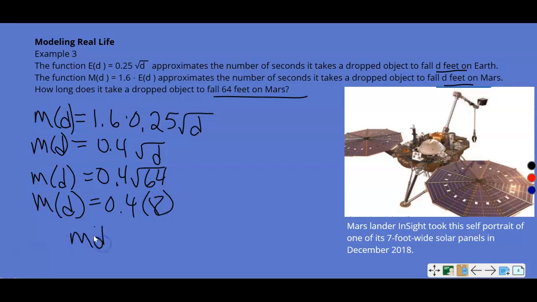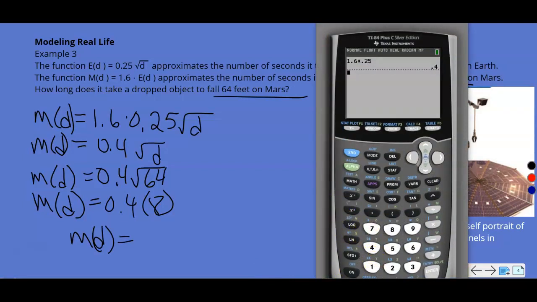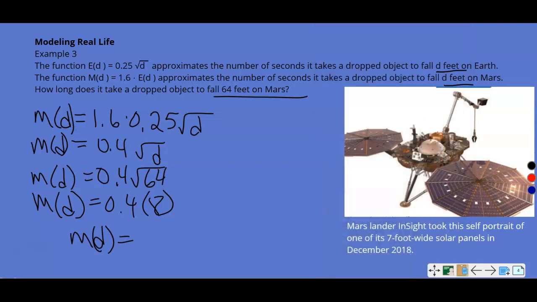And then we just have to multiply 0.4 times 8, which is probably 3.2, since there is a decimal place here, and 4 times 8 is 32. Going to check just to make sure. So 0.4 times 8, and that gives you your 3.2. All right, so that tells us it takes 3.2 seconds for a dropped object to fall 64 feet on Mars.